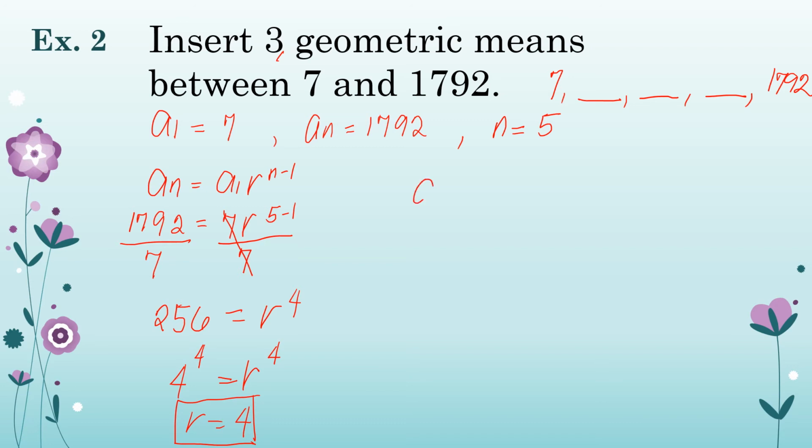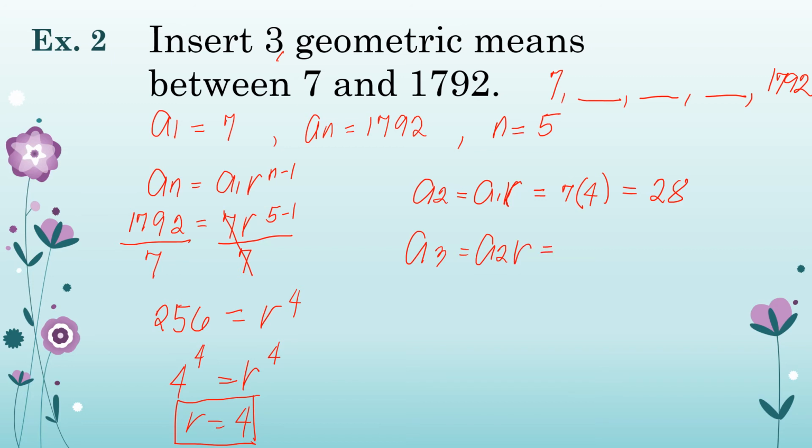So let's start with a sub 2. So a sub 2 is equal to a sub 1 times r, that is equal to 7 times your r, which is 4. So that is equal to 28.